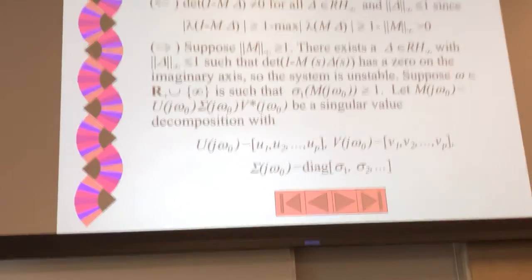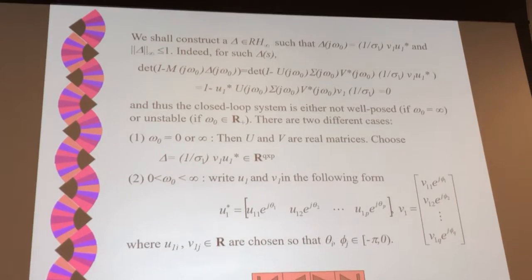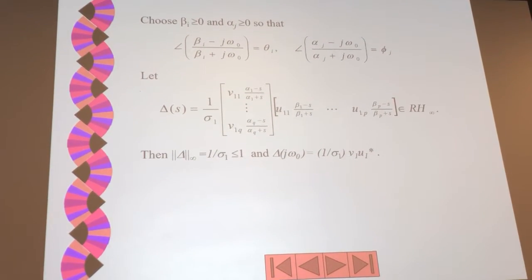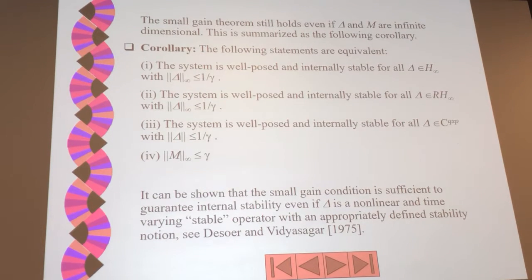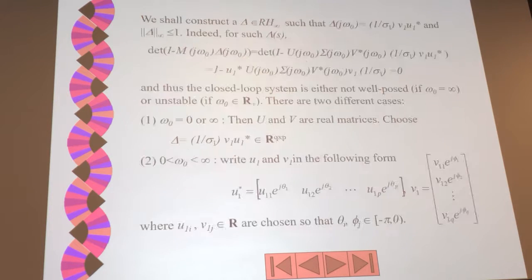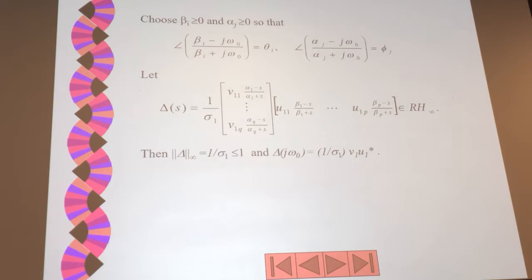So how many slides is that? In fact, it's quite long. Let me see. The reason we discussed this is to be able to use it for robust performance and robust stability testing.